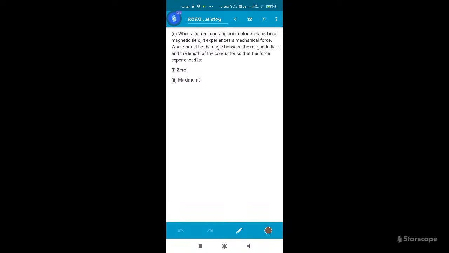So you know one thing, that the force is equal to ILB sin theta. I don't know whether you have the relation for sin theta in your book, but if you don't, I guess you have it till ILB. So sin theta is used whenever we want to find out the angle between the force and what has been said, between the force and the magnetic field.